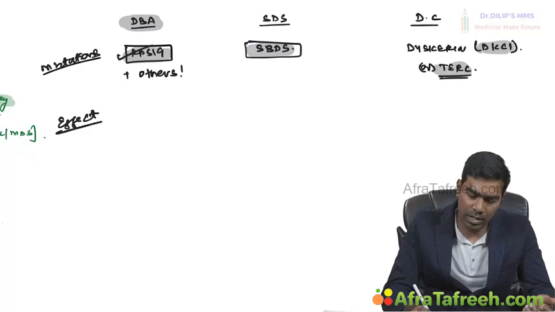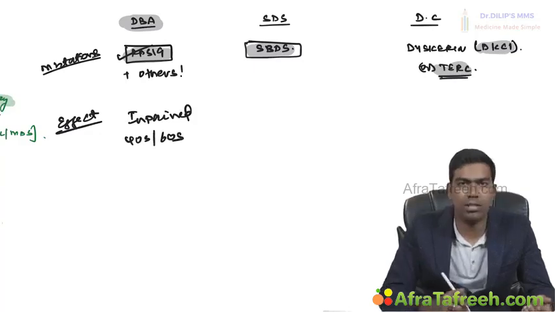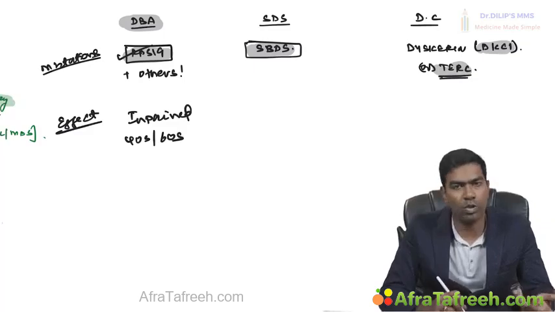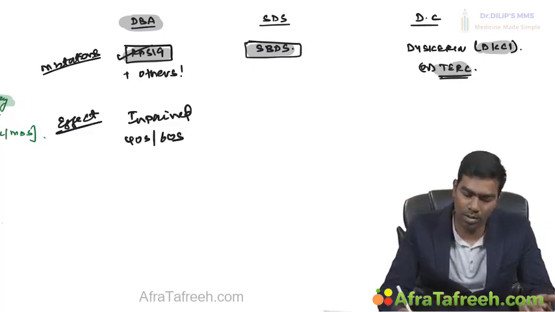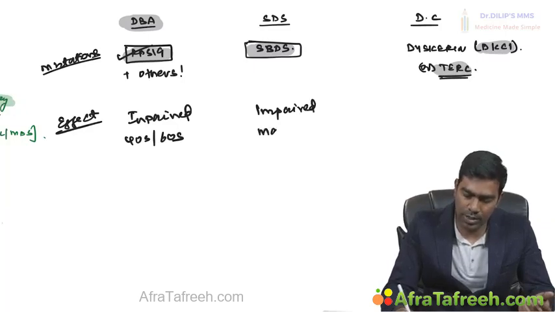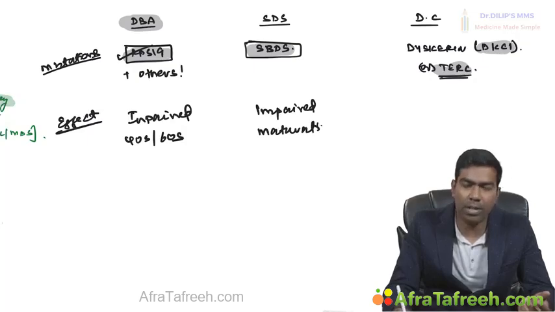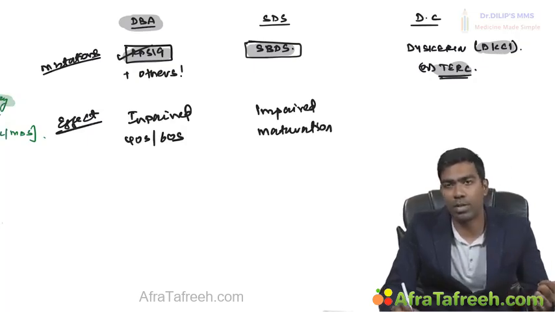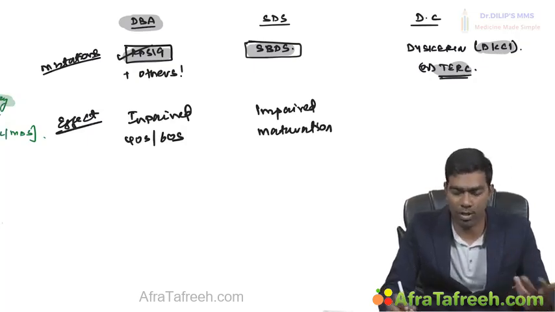So effect will be impaired biogenesis of 40S and 60S ribosomal proteins. That is impaired biogenesis number one. That is your Diamond-Blackfan anemia.